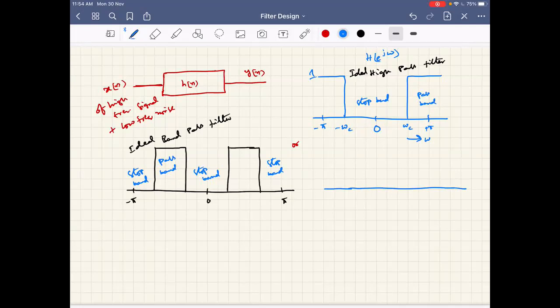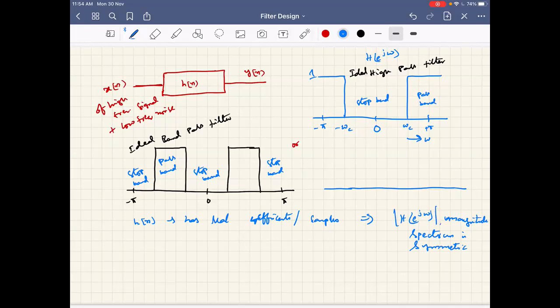So if h of n has real coefficients or samples, that implies the magnitude spectrum of H of e power j omega is symmetric. Please note how we are using the properties of the Fourier transforms here. That's how they will be used at several places. You should make sure that the properties are well understood and can be applied at any time.